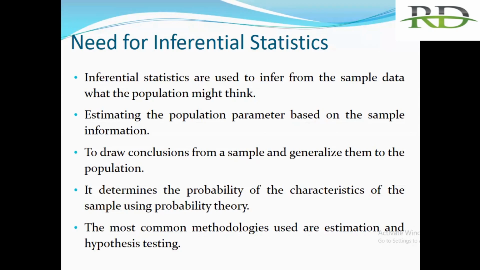As the name suggests, inferential has come from the word infer. Now, what does infer mean? Infer simply means that you are drawing some conclusion about your population on the basis of the sample.